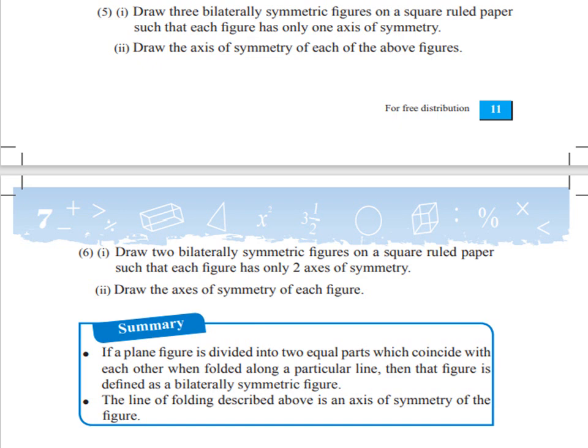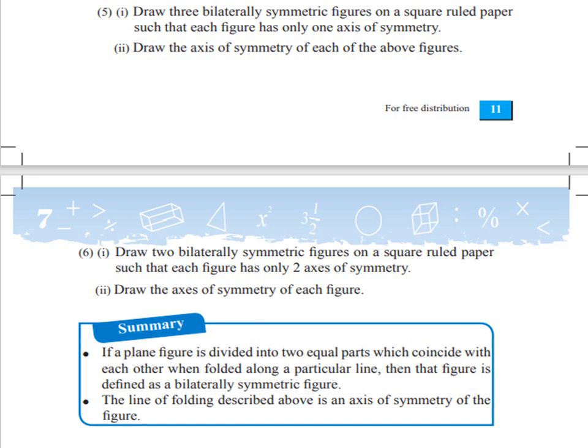If a plane figure is divided into two equal parts which coincide with each other when folded along a particular line, then that figure is defined as a bilateral symmetric figure. The line of folding described above is an axis of symmetry of the figure.